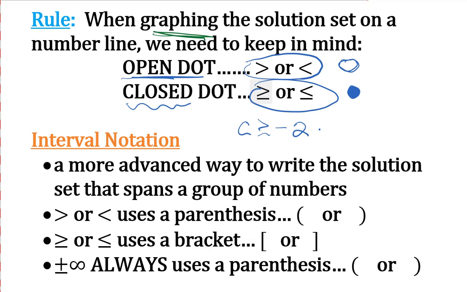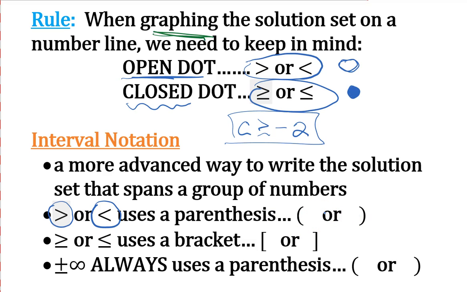That's pretty basic notation. This year, we're going to move towards something a little bit more advanced called interval notation. So all of our inequality solution sets, like the one that we just got, are going to be written with interval notation. If we have in our answer a greater than or a less than, I'll tell you right now that we're going to use parentheses around our answers. So you guys all know what parentheses are.